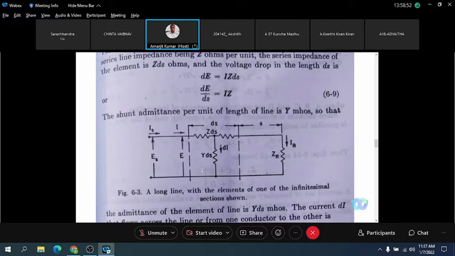So basically the resistance, capacitance, inductance and conductance are changing along the transmission line. Then voltage and current will also vary. It will not be constant. The shunt current which you see as dI, or the loop current, will be variable. And we are considering that the transmission line is made of an infinite number of cascaded T sections.